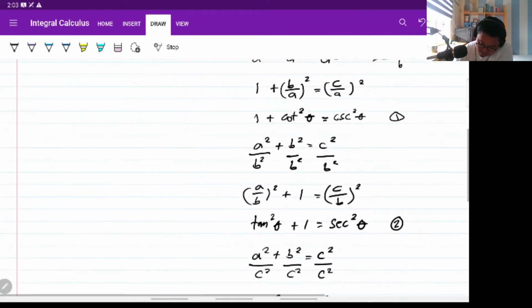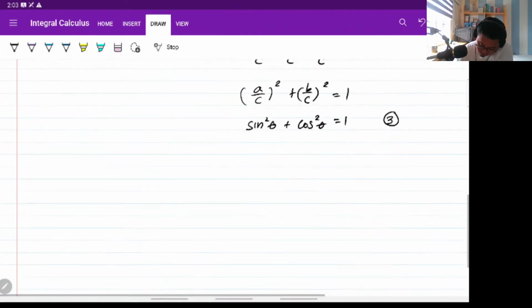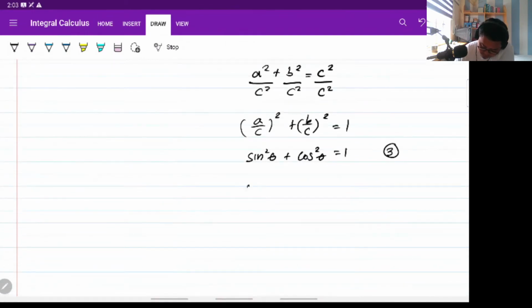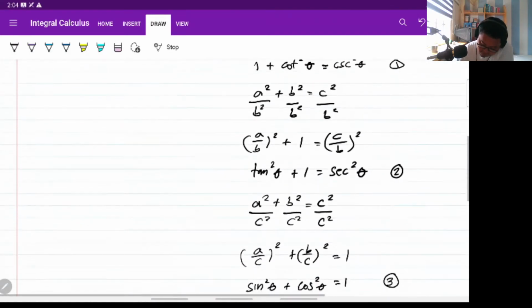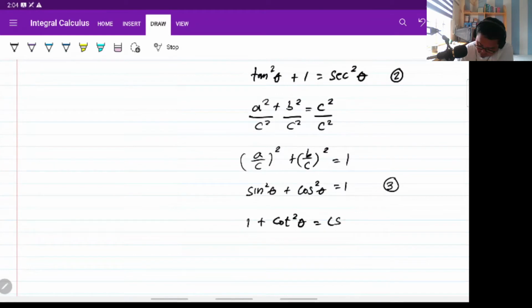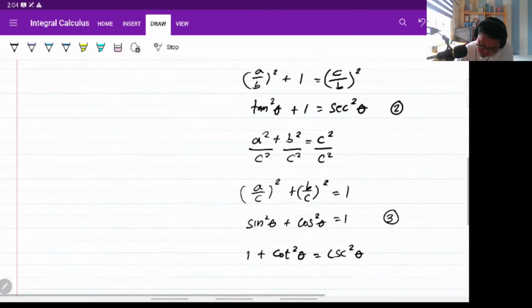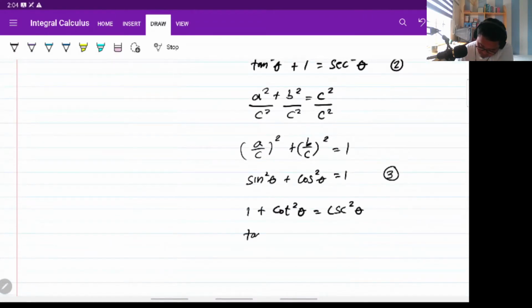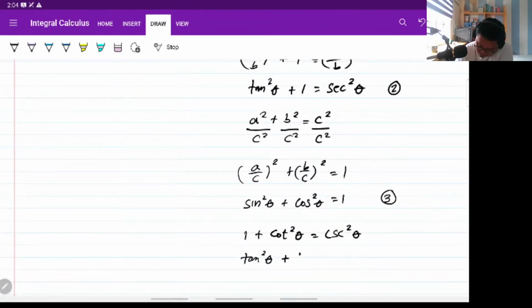Okay, so if I may summarize this, this is 1 plus cotangent squared theta equals cosecant squared theta. The next one is tangent squared theta plus 1 equals secant squared theta.